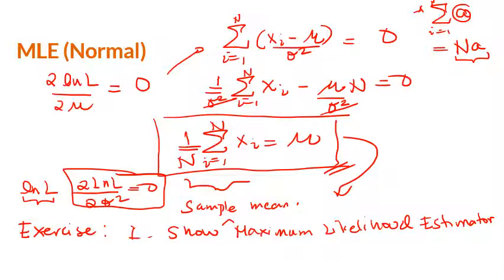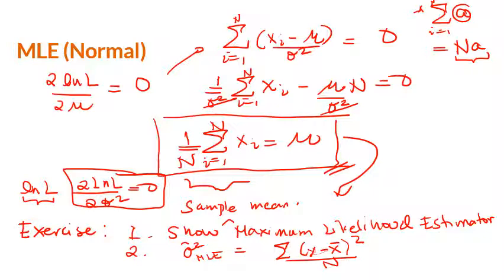So pag ginawa nyo yan class, makukompute nyo na estimator for sigma squared. Maximum likelihood estimator, i-show nyo din ito, is given by summation ng x minus x bar, which is your sample mean, squared over n. So ito yung mako-compute ninyo na maximum likelihood estimator for your variance.